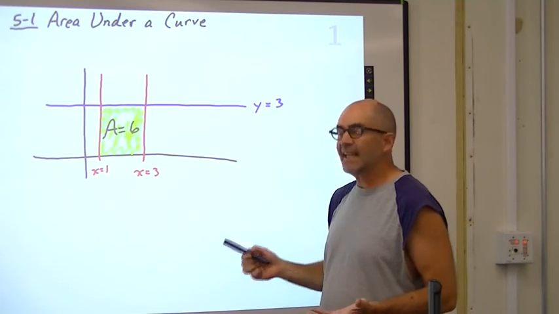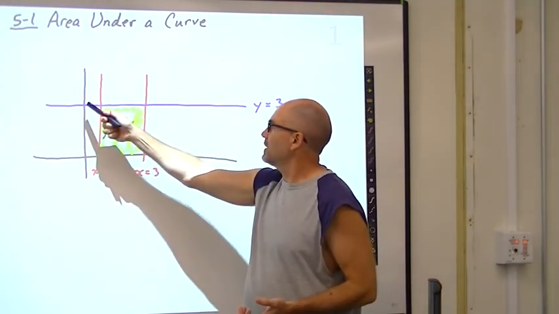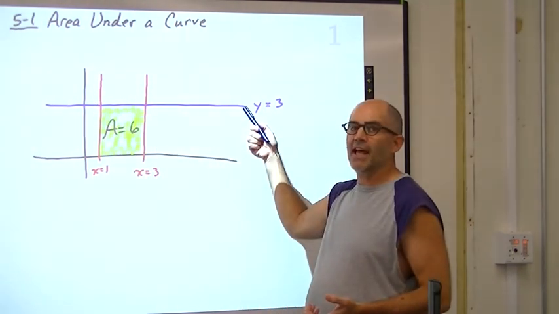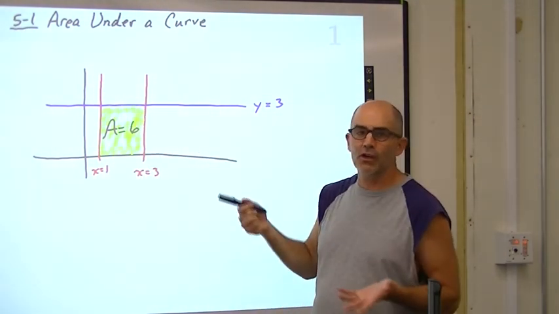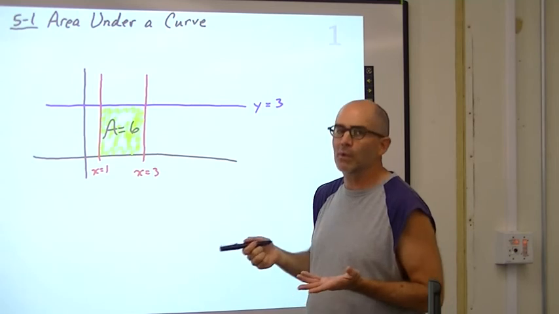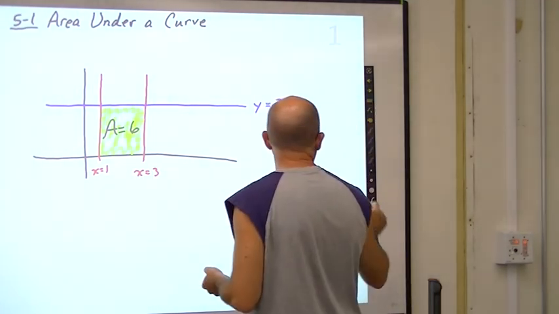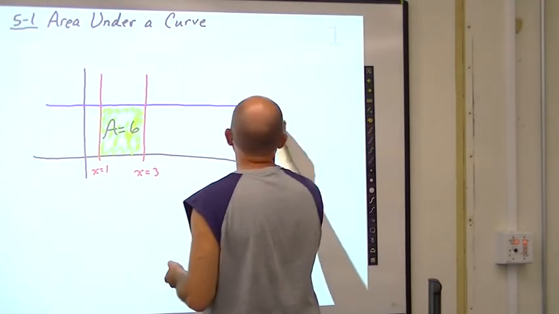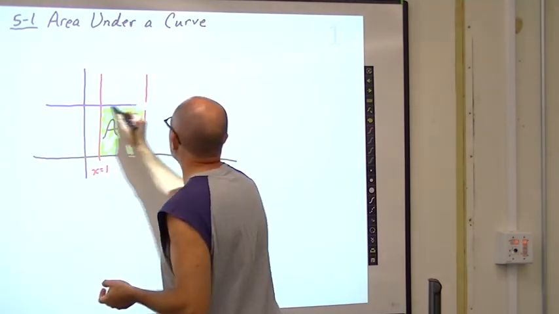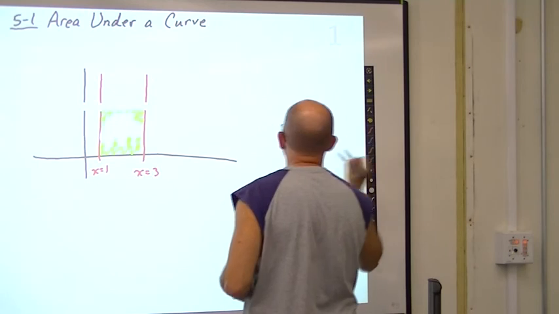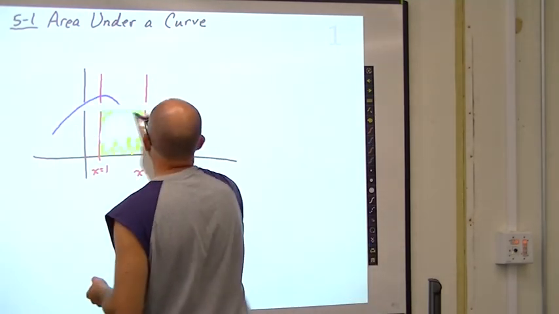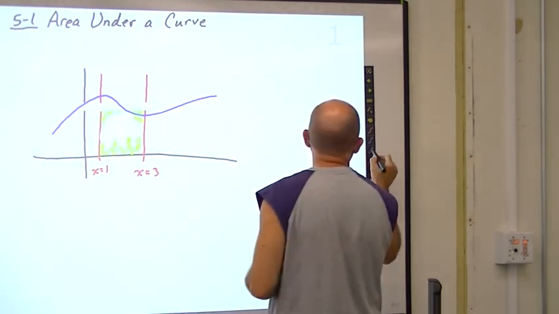Now that's fairly easy because the function is a straight line. Now if we had a sloped line, we'd have either a triangle or a trapezoid. Equally simple. What if, rather than a straight line though, what if we have a curve?